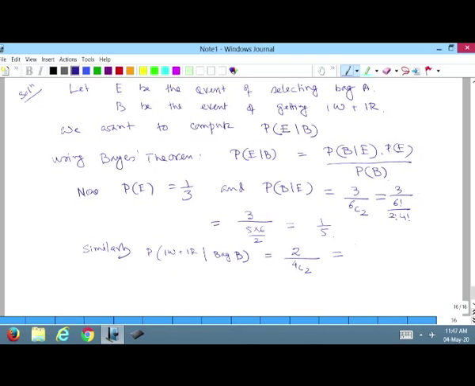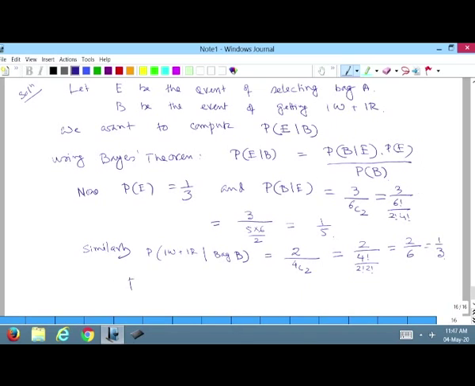Therefore, the answer is 2 upon 4 factorial upon 2 factorial 2 factorial, which is 2 upon 6, which is 1 upon 3.